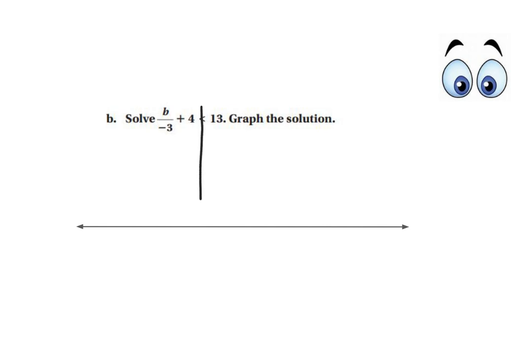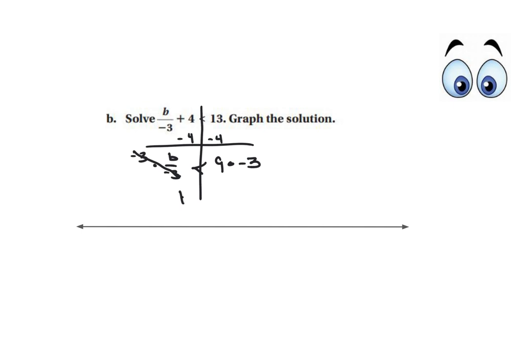For example B, we're first going to undo addition and subtraction, so we're going to take away 4 from both sides. We're left with b over negative 3 is less than, and 13 minus 4 is 9. Now we're going to multiply both sides by negative 3. Negative 3 over negative 3 cancels because that's equal to 1.